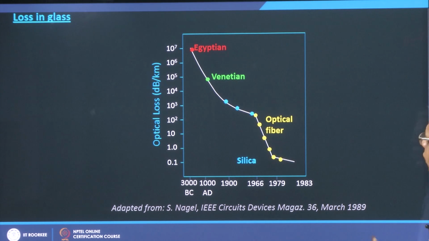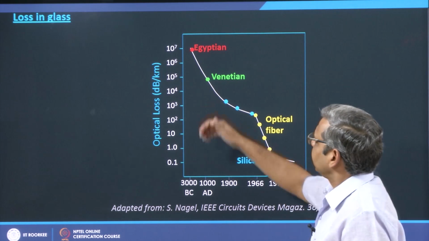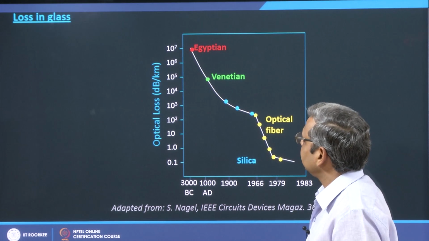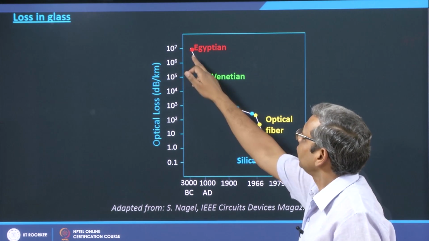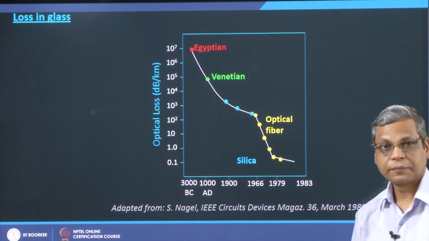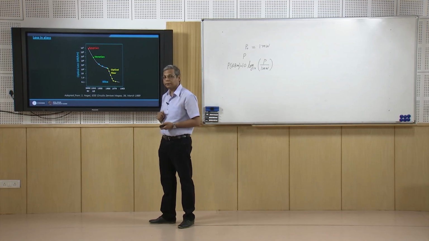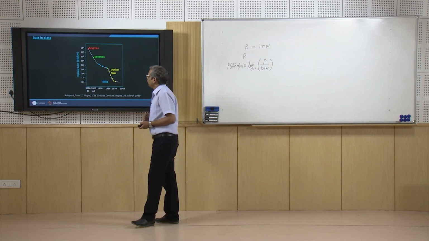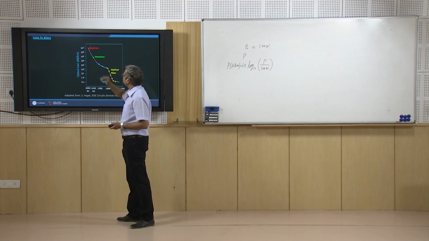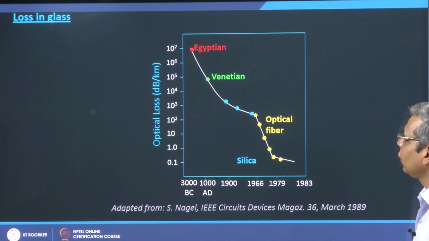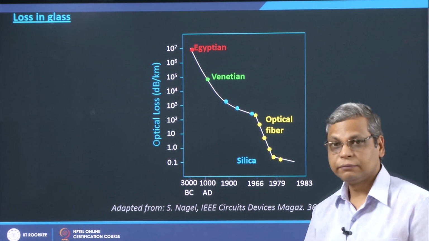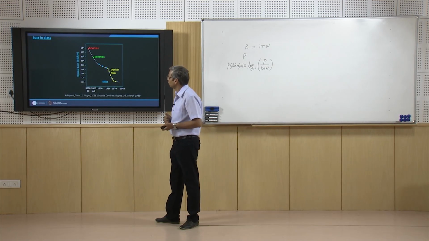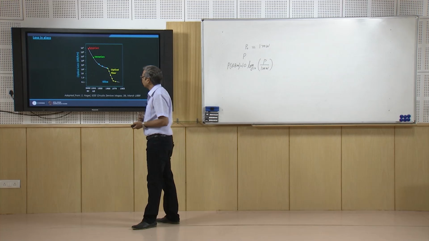If I look at Egyptian age around 3000 BC, the loss in glass was something like 10 to the power 7 dB per kilometer. When you come down to Venetian age, then the loss is about 10 to the power 5. The glass was almost opaque, you can't see through this.